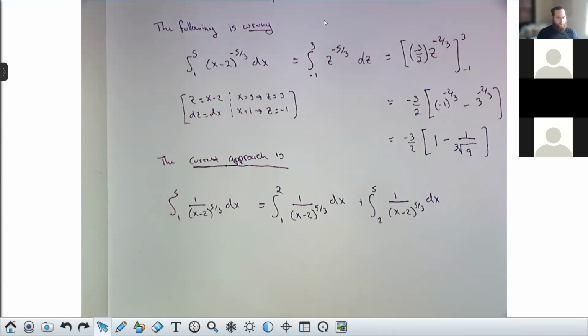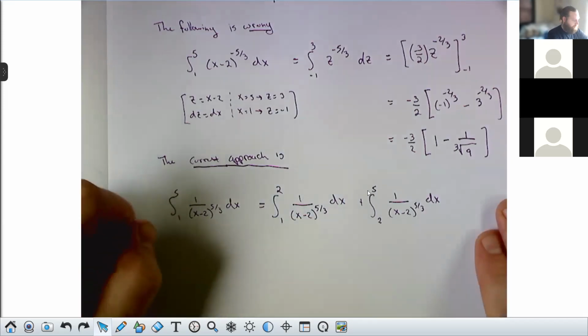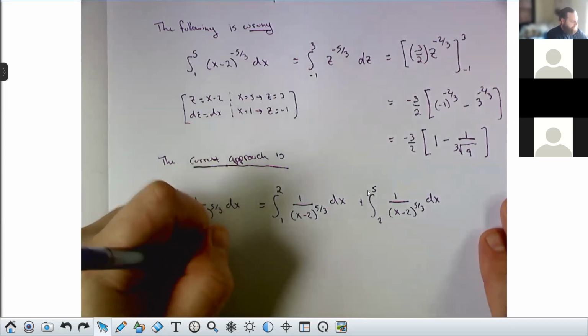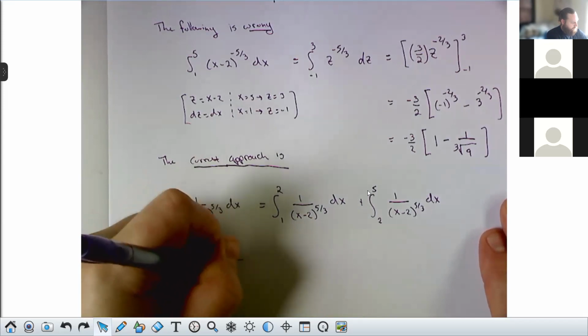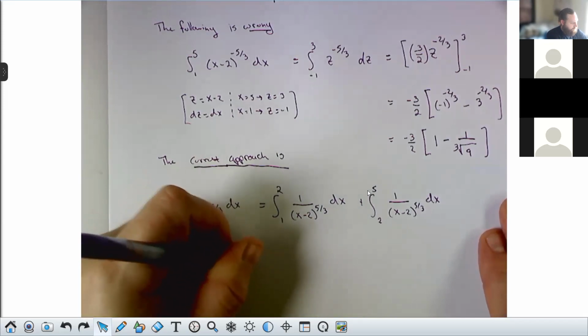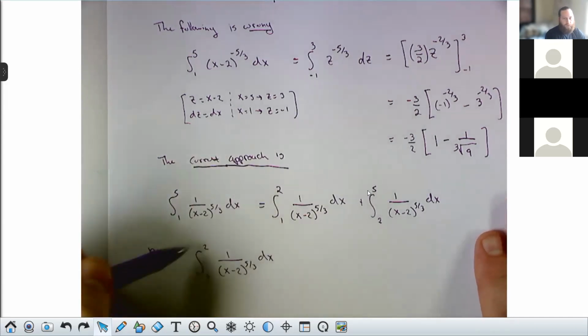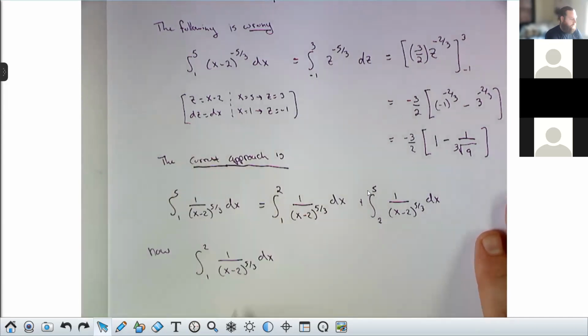So I'll go ahead and work on the first piece. We'll see what we get with this piece. The integral from 1 to 2 of 1 over x minus 2 to the 5/3 dx is a type 2 improper integral, right? The bottom is 0 when you plug in 2. 2 is the upper bound here.